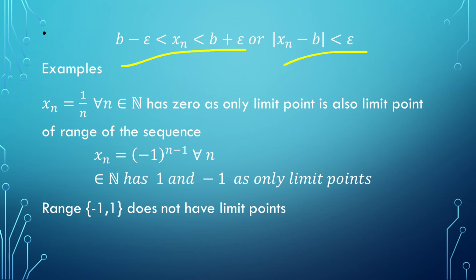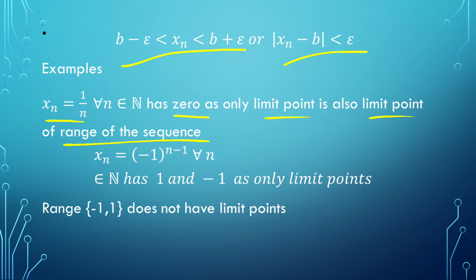If you look at some examples here, we have that sequence here. You can see this one has a 0. If you take 0, it is a limit point. And it is also a limit point of the range of the sequence.